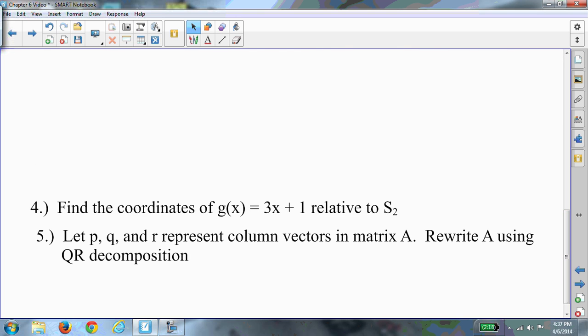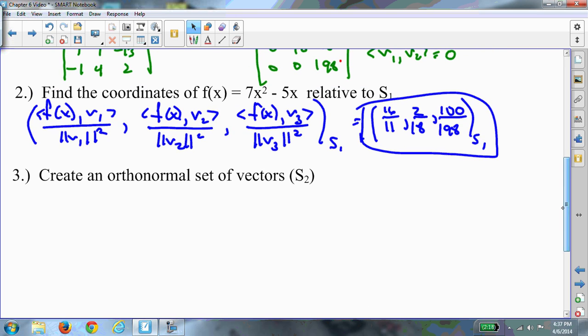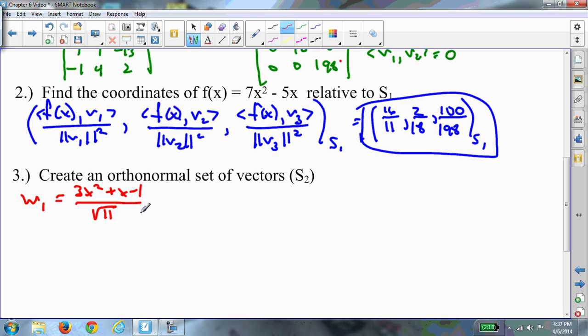So fortunately that's not as hard, because all I've got to do is take the v's and divide them by their magnitude. So let's call them w1. I'll make w1 equal to 3x squared plus x minus 1, but we're going to normalize it, so this is going to be over the square root of 11.